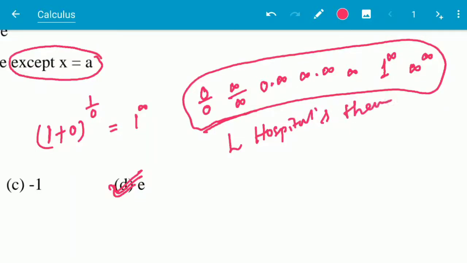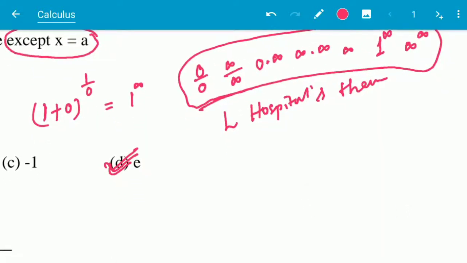For this type of indeterminate form, generally L'Hospital's theory for 0 by 0 form or infinity by infinity form, what we do is differentiate the numerator and differentiate the denominator.